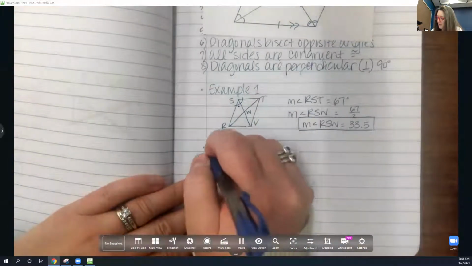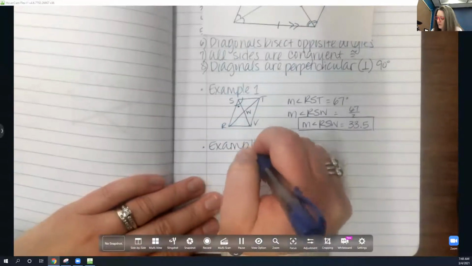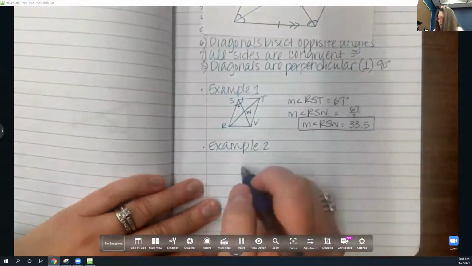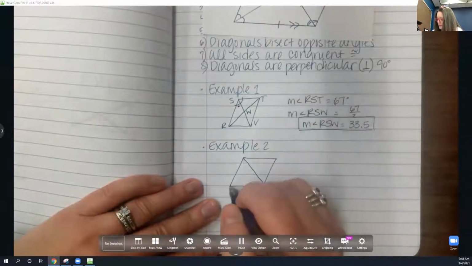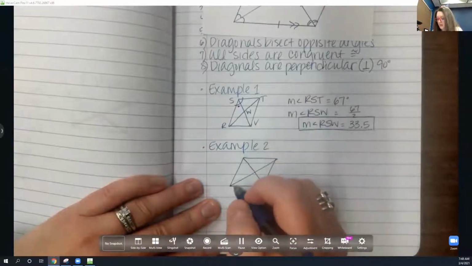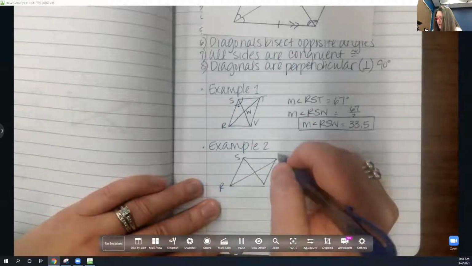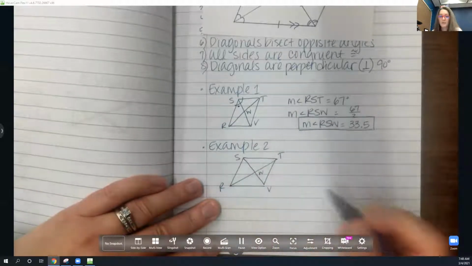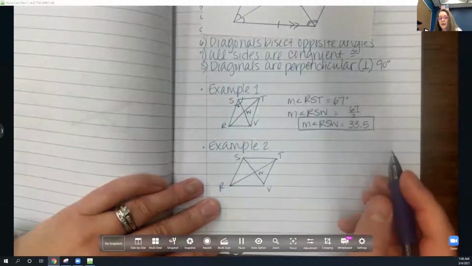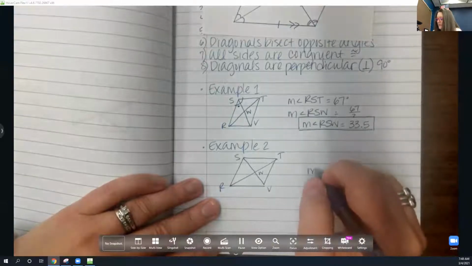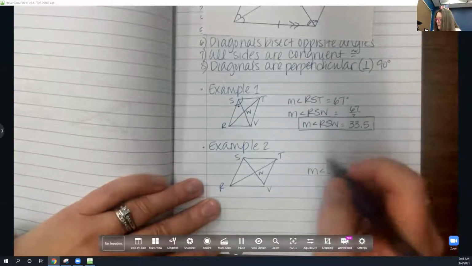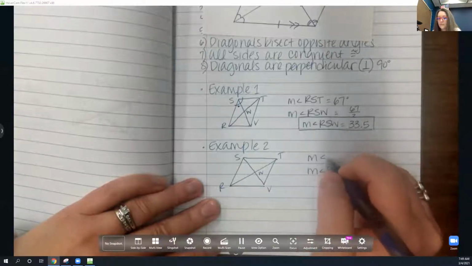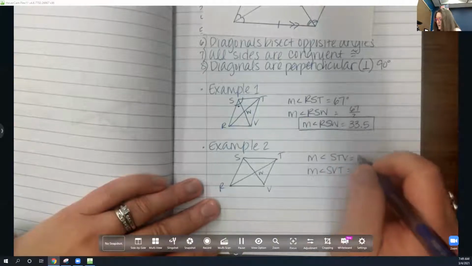Here's example number 2. And then we'll move into squares. Here we have rhombus R, S, T, V, same thing, and W's in the middle. Find the measure of SVT, if the measure of STV is 135.